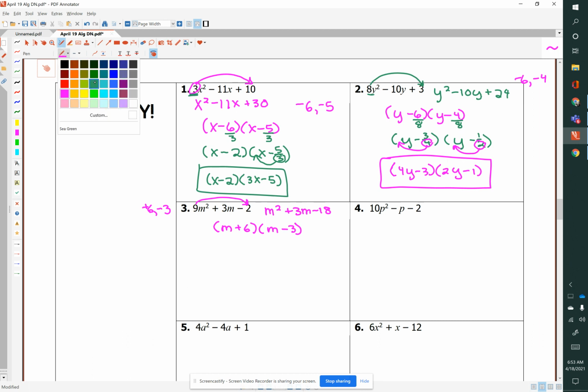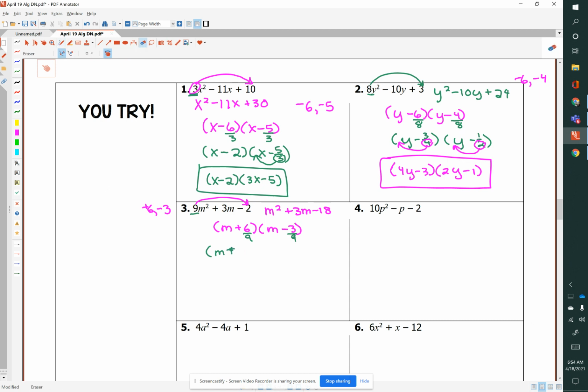Now I'm going to go to that original leading coefficient of 9, and that becomes my denominator. And I will simplify: m plus 2/3, m minus 1/3.